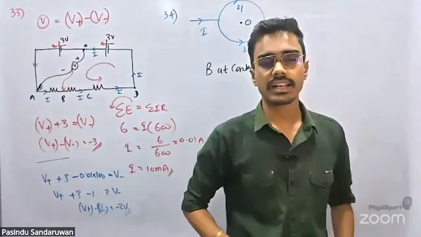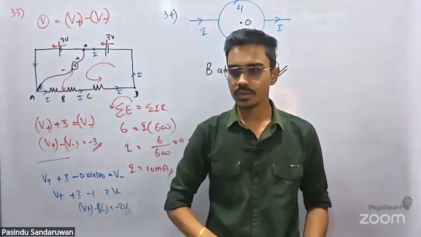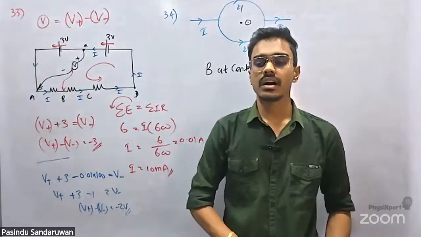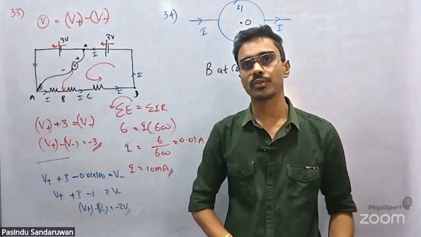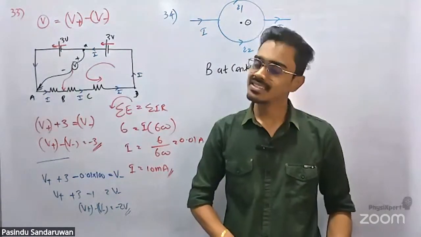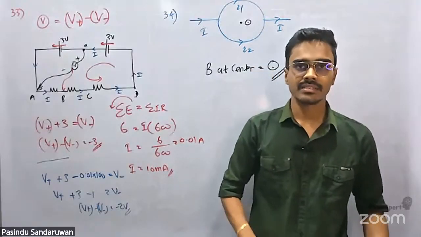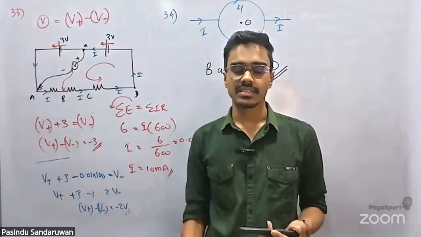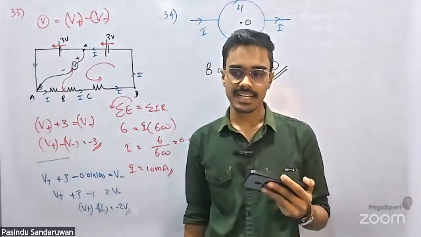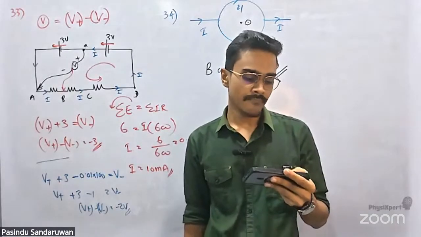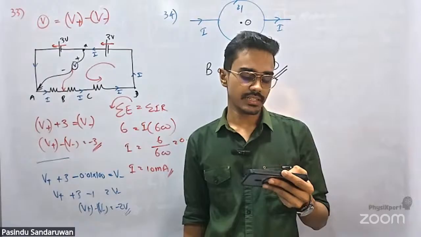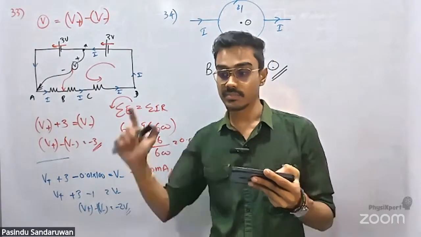If a single current is divided in a circular loop, it doesn't matter how it divides, whether half, 1/3, or 1/4. As long as it's a circular loop, it is always 0. So that's a very popular scenario, and this is a must-know thing.